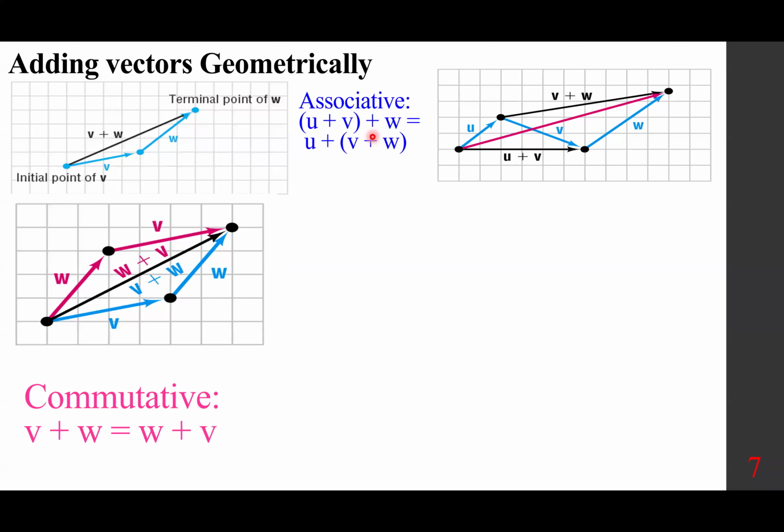So U plus V plus W, or you can say U plus V plus W. So look at V and W, ignore the U. V plus W is what? V plus W. So if you want to add U to it, you get the same thing. So associative.